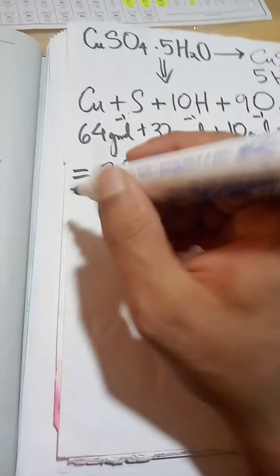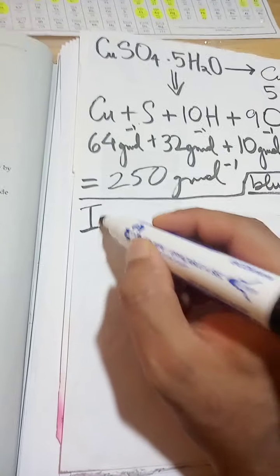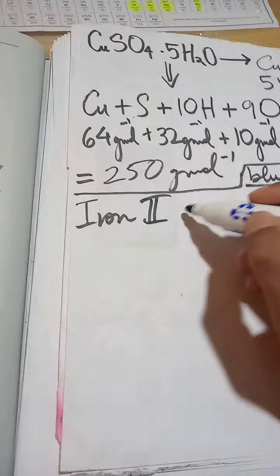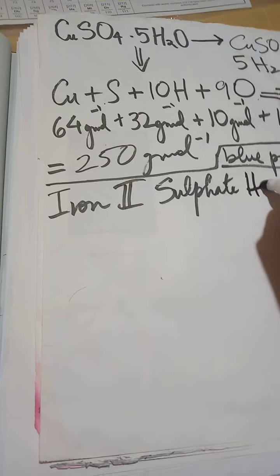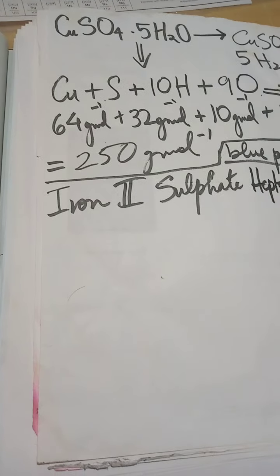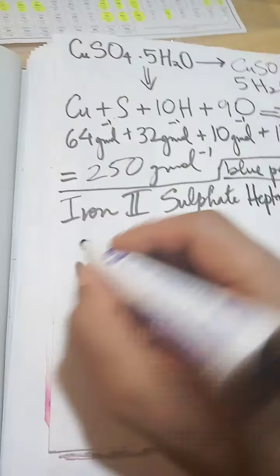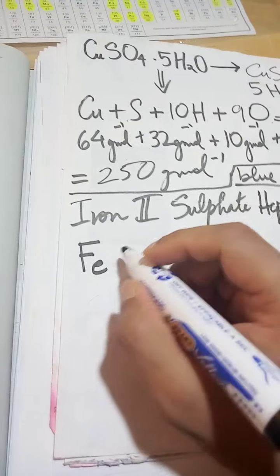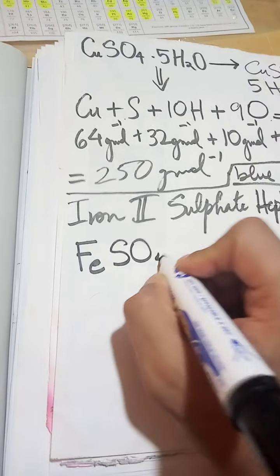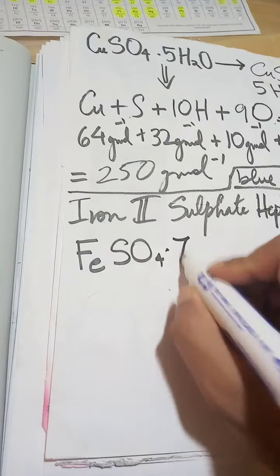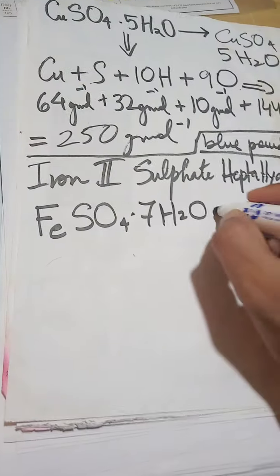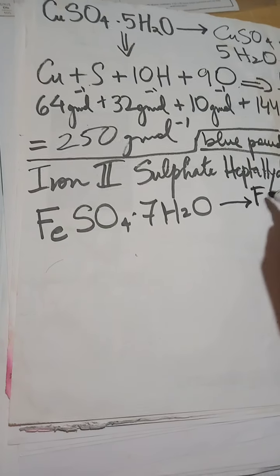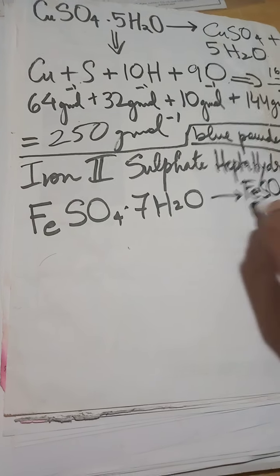Okay, so now we do iron 2 sulfate heptahydrate. That'll be iron 2 sulfate, which is balanced valency, 7H2O, right? So that'll be iron sulfate plus 7H2O.